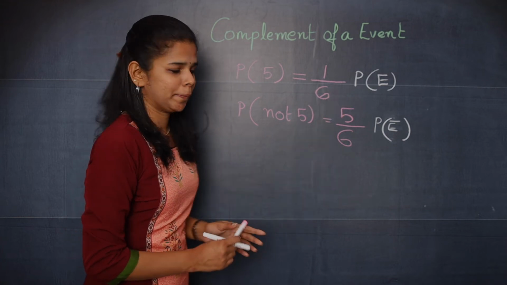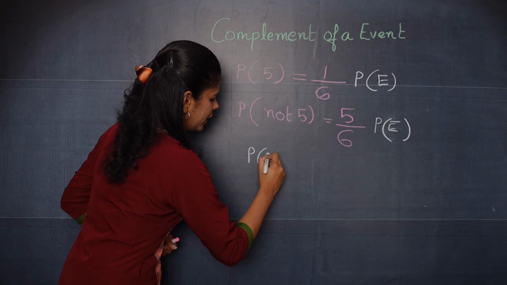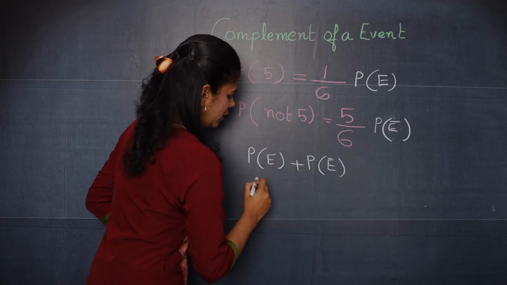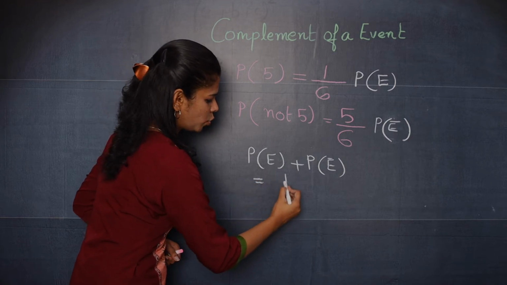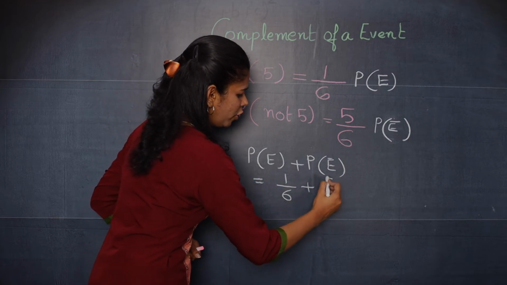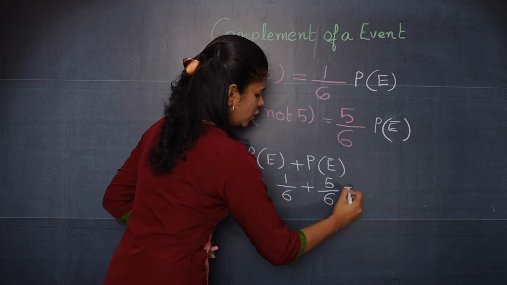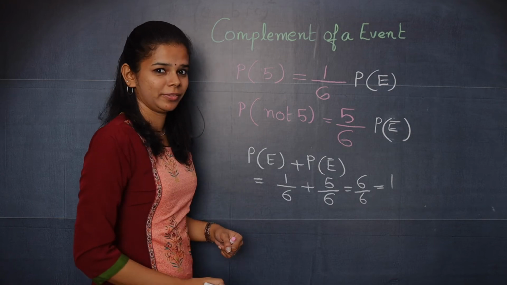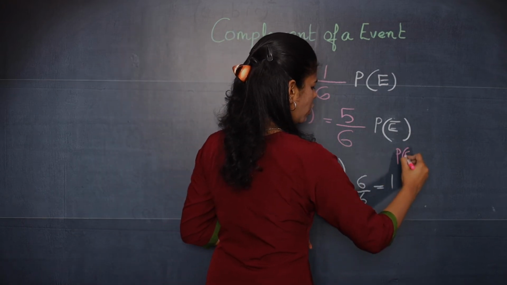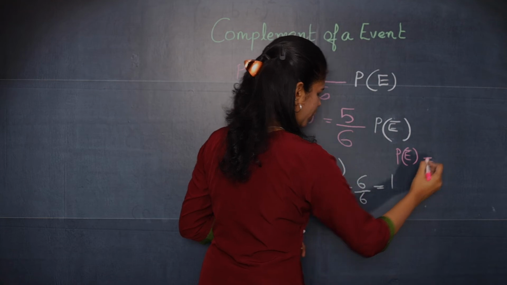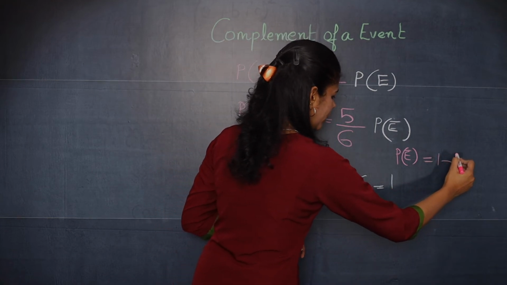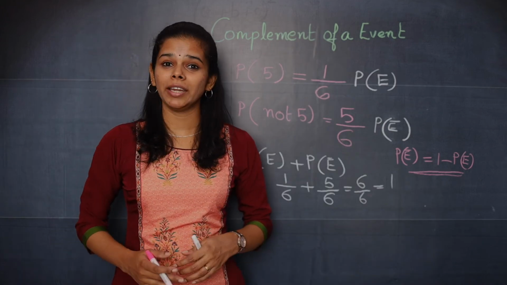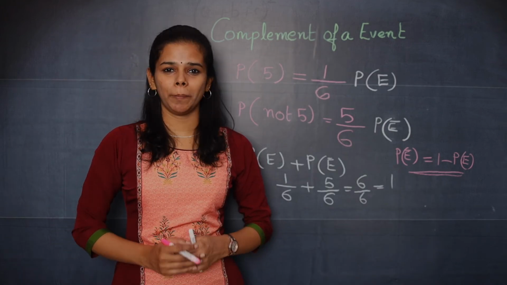When you add them, P of E plus P of E complement, P of E is 1 by 6 plus P of E complement is 5 by 6. So you will get 6 by 6, equal to 1. So P of E complement is equal to 1 minus P of E. This is the formula for finding the probability of E complement.